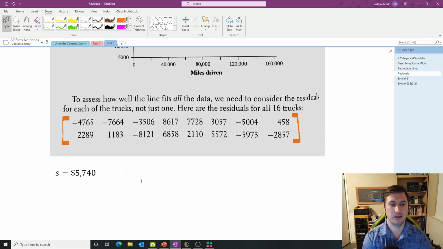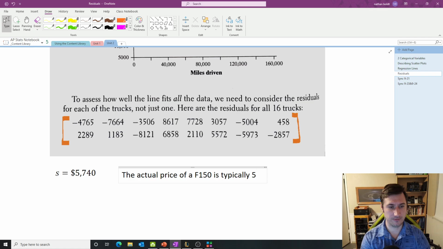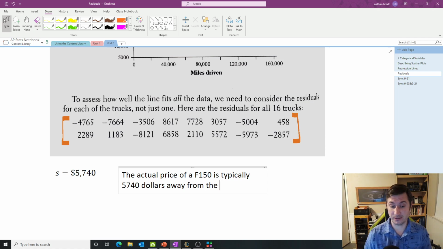So the actual Ford F-150, or the actual price, is typically $5,740 away from the, now I can't say mean here, right?